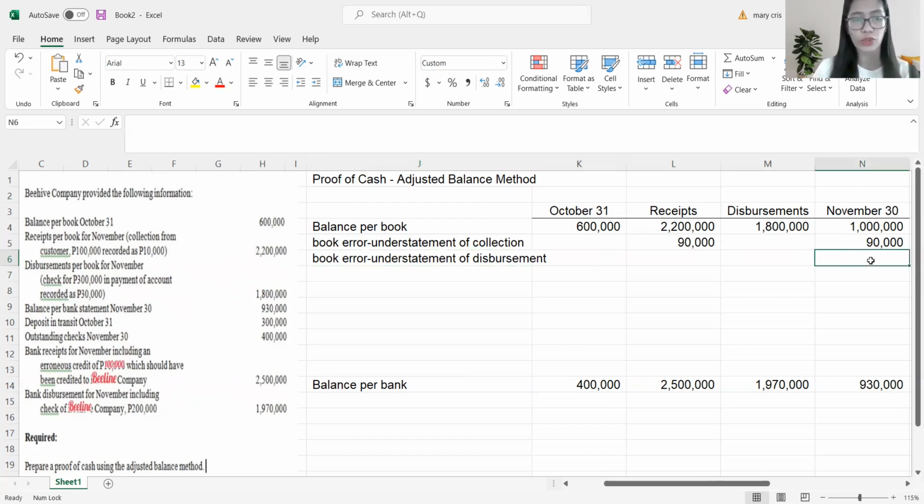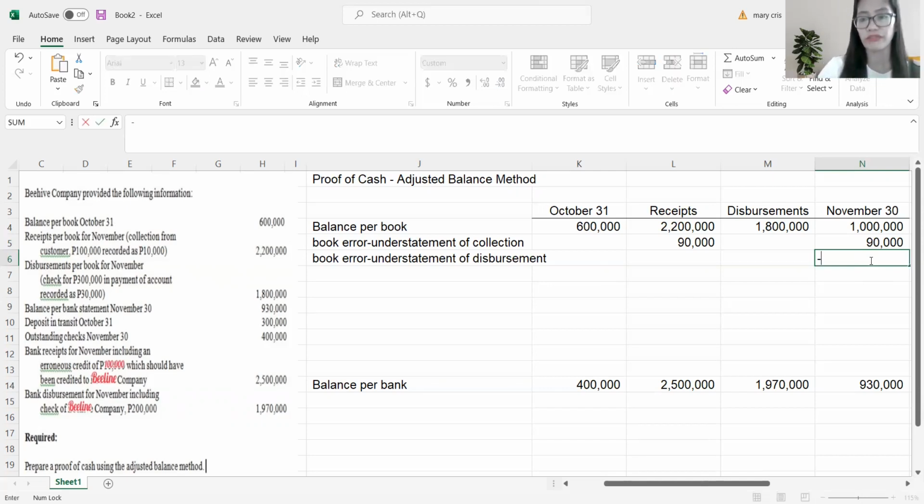That's 300,000 minus 30,000. So, since kulang yung ating disbursement, what we have to do is i-deduct natin siya sa ating November 30 na balanse. So, again, that's 300,000 minus your recorded amount na 30,000.